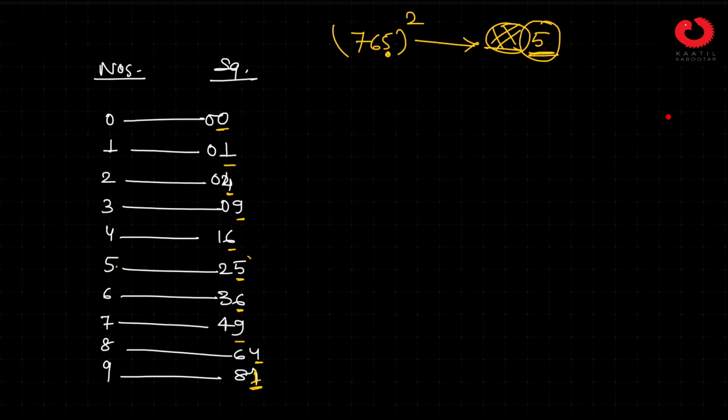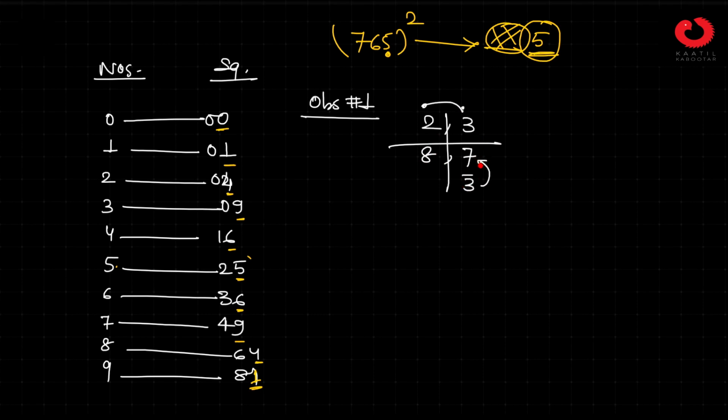Now, the first observation we should make from this, observation number 1, is that among all these last digits, some numbers are missing. Those numbers are 2, 3, 7 and 8. An easy way to remember is 2, 3, and then you remember the tens complement: 3 bar actually and 2 bar.